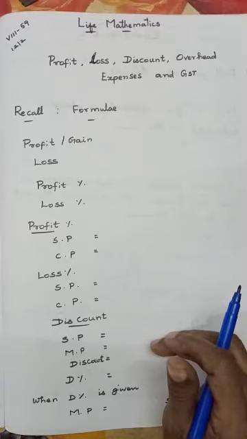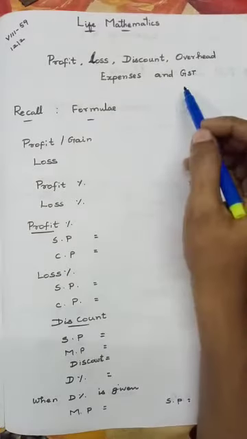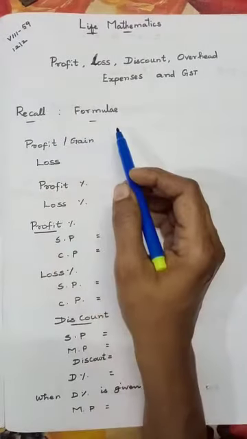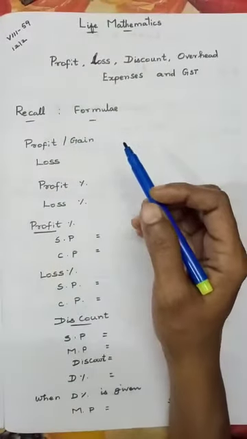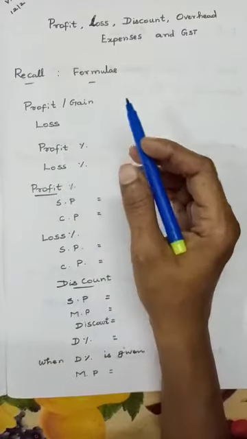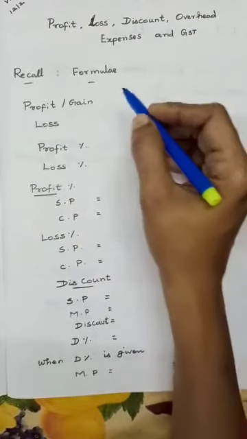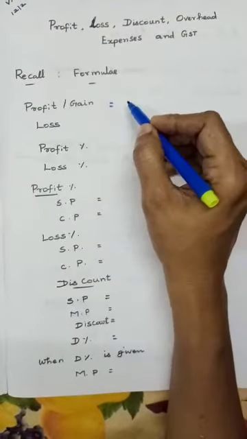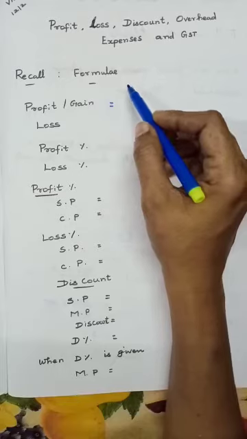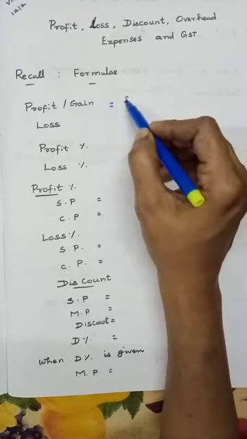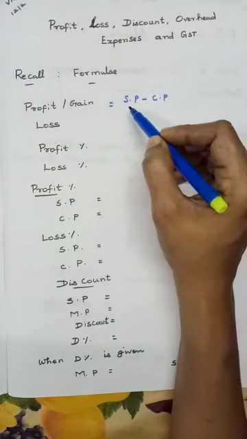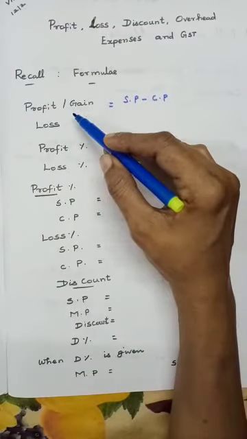Today we are going to see the overhead expenses and GST. Before that we shall recall the formulas. Profit or gain, both are same. Then loss. Profit or gain is equal to, when SP is greater, it is profit, isn't it? So SP minus CP. Selling price is greater, then we will get profit.